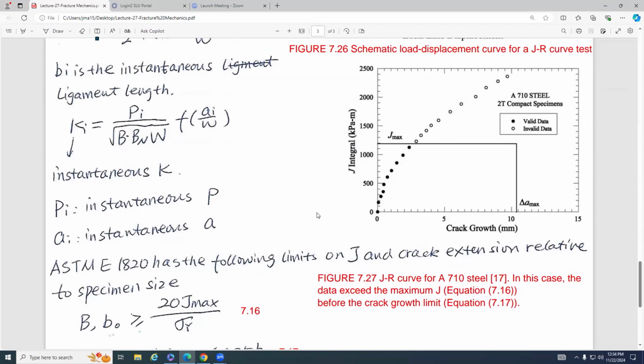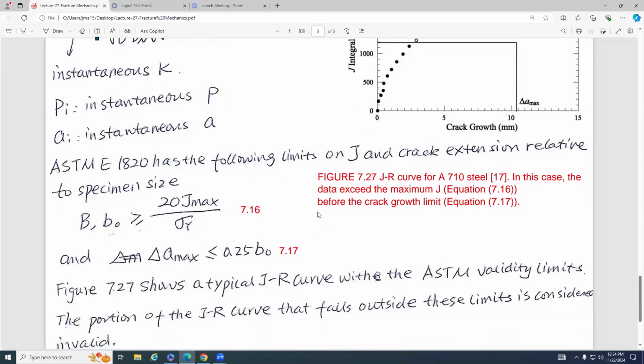Any questions so far? Is B0 just the initial ligament length? B0? Yeah, B0 is the initial ligament length. Right? B0 equals W minus a0. In this context, B is the ligament length.